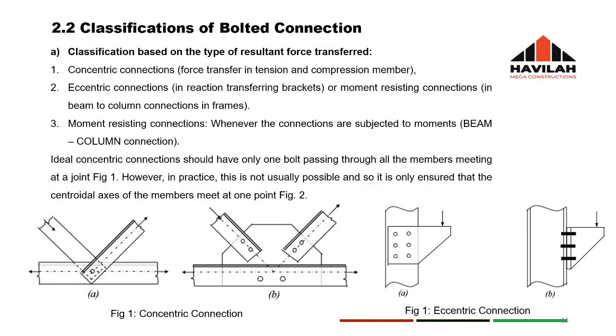All right, so we have the classifications of bolted connections. We are discussing bolted connections, and they can be classified based on the type of resultant force transferred. We have three different types of connections, which is essential that you know, because when we start to do the calculations, we'll make reference to all of these, since the type of connection determines what approach is required to design it.